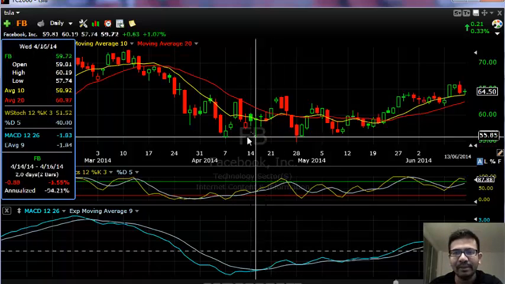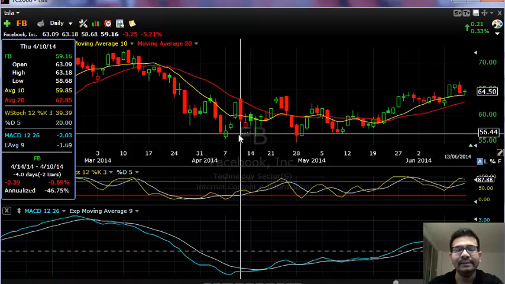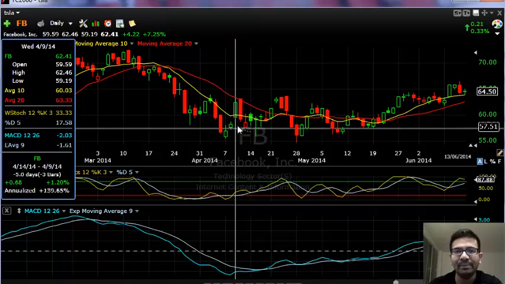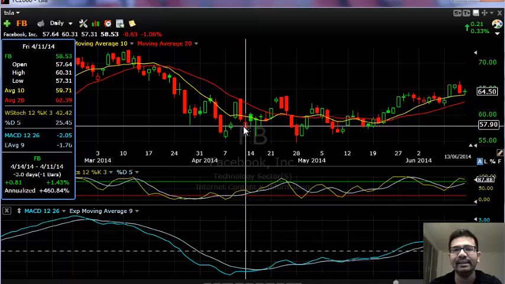Look at the horizontal bar here. The support here would be the fixed 5625 area. You see it did hold this area here, and then it came up, it consolidated, and then it made a move. Every time, look at the support here, there is another 58 level.